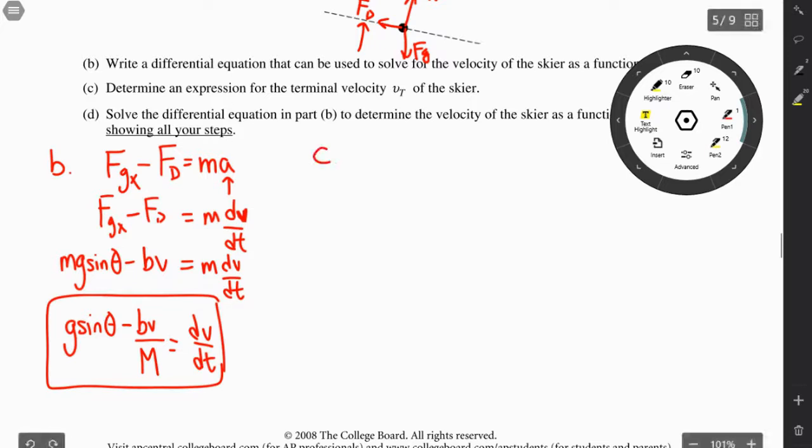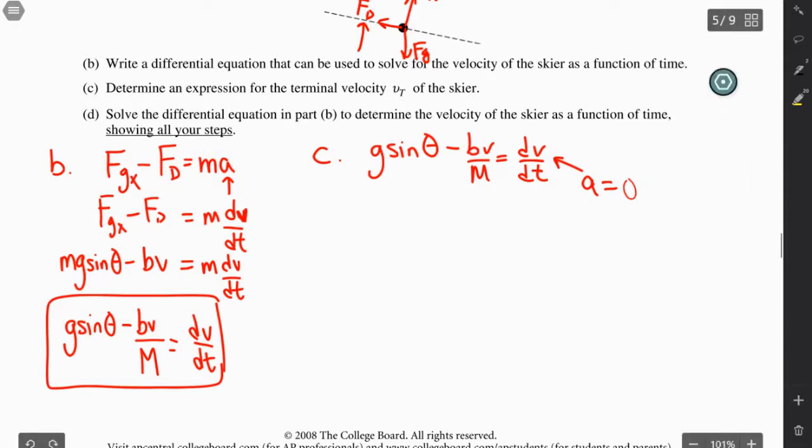Part C is what is the terminal velocity. So we can start with g sine theta minus bv over m equals dv/dt. Remember, this is our acceleration, and at the terminal velocity, that is 0, okay? So g sine theta minus b v sub t divided by m equals 0.